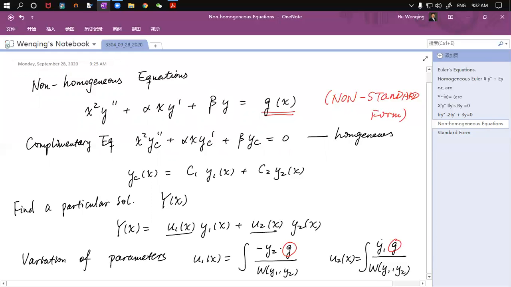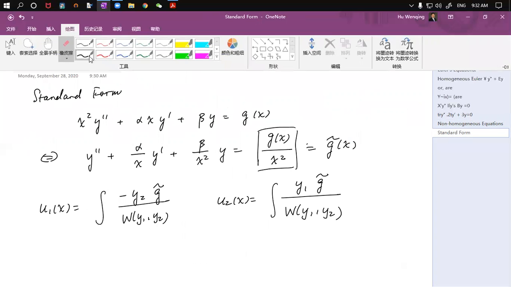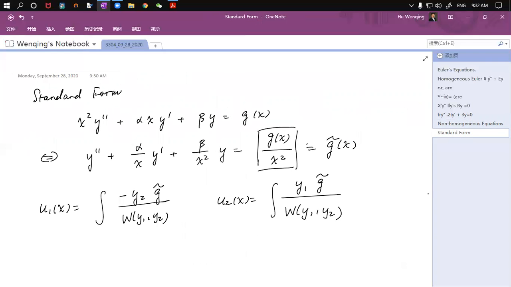But this g has to be replaced by the g tilde, which is the g in standard form. So you have to turn the equation into standard form before you are able to use any of those theories about the g's. Is that good, family? That's going to be very important for non-homogeneous Euler's equations.